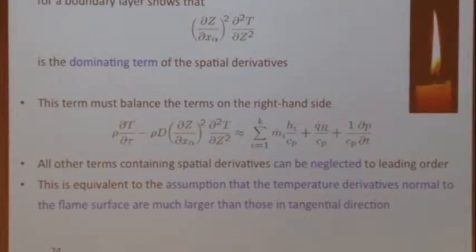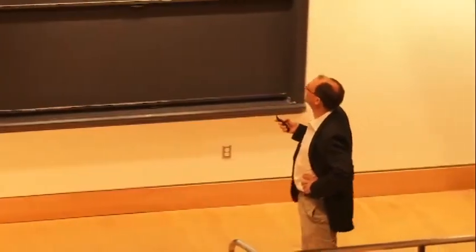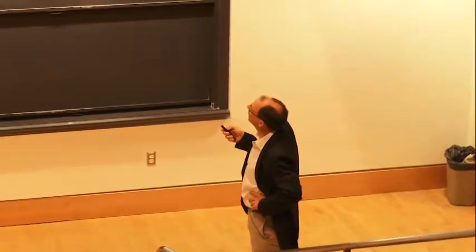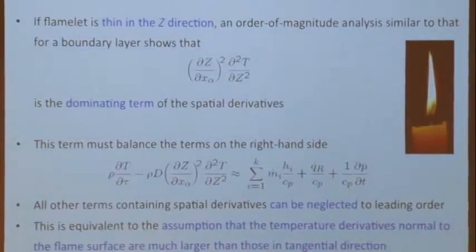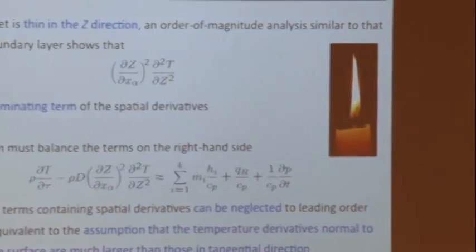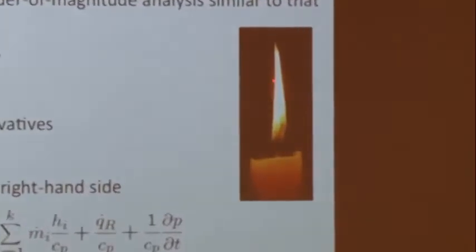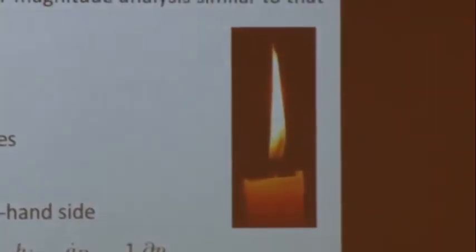And it turns out, and now we don't need to go through all the math, but the asymptotic approximation that we make is to say, look at this thing. We said stoichiometric, that's basically the interface between black and white here.